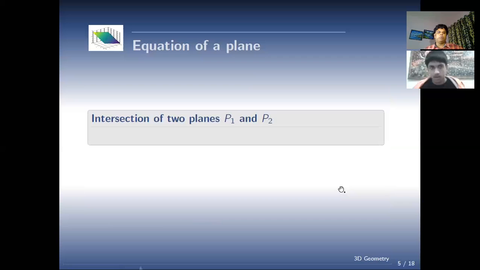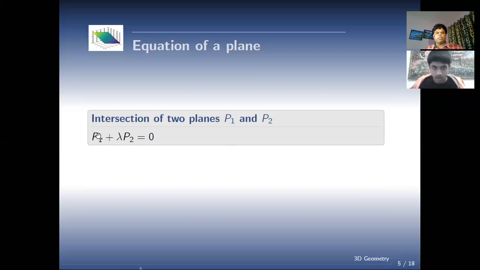One more thing: if I have two planes that are intersecting, you will have a line of intersection. Suppose you want to find the equation of a plane that contains the line of intersection of two planes. What will be the equation of this plane? Take the first plane plus lambda times the second plane, equal to 0.